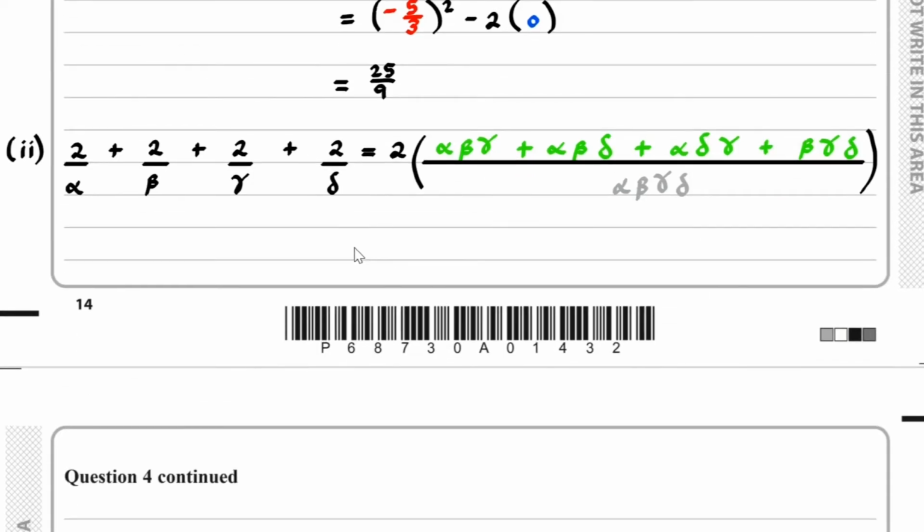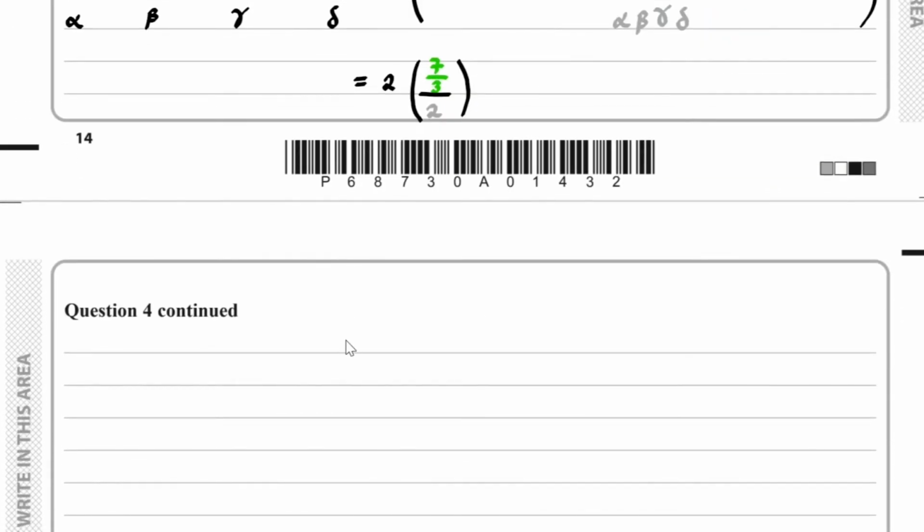So if I work this out, I have 2 multiplied by 7 over 3, and then this is divided by 2. So it turns out here we get a value of 7 over 3.